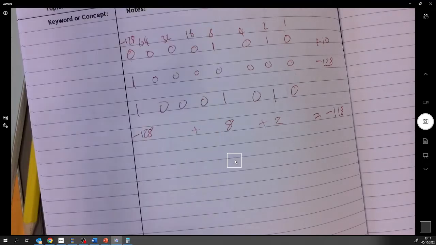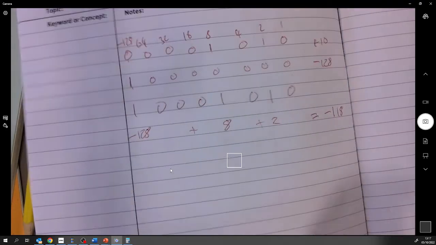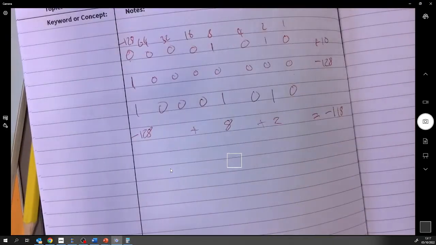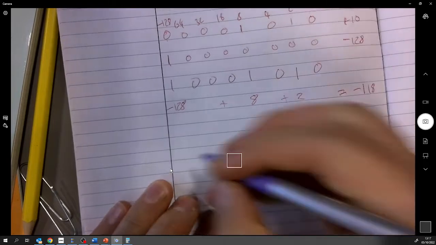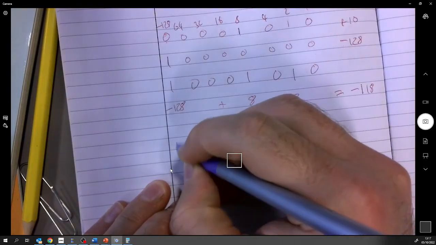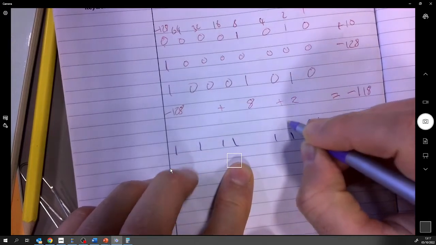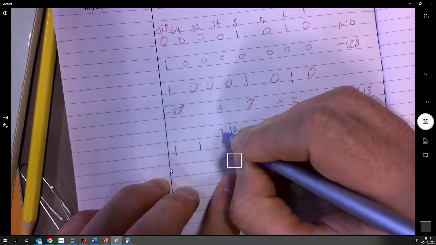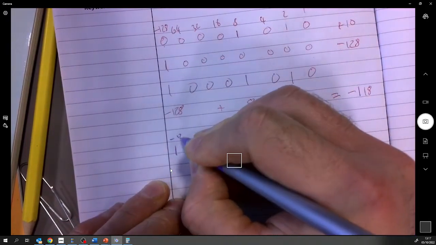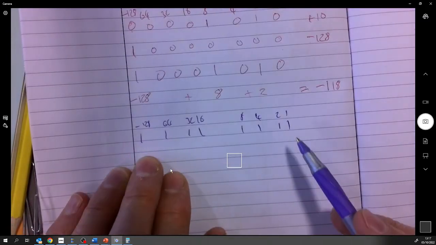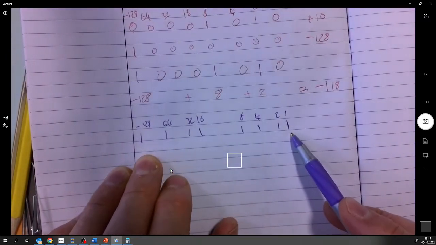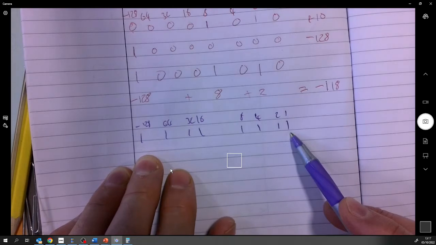So let's have a look at that. What we can do, and I'll use a different colour, if we start with the same numbers, 1, 1, 1, 1, 1, 1, 1, 1, 1, 2, 4, 8, 16, 32, 64, minus 128. If you know that the number is negative, and if you know that it's 2's complement, here's the trick.